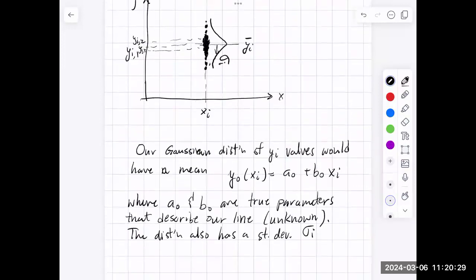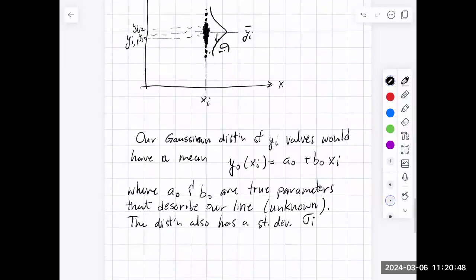Okay, good. Well, that's nice because we know some things about Gaussian distributions and calculating their probabilities, and we know some things about calculating values using this method of maximum likelihood.